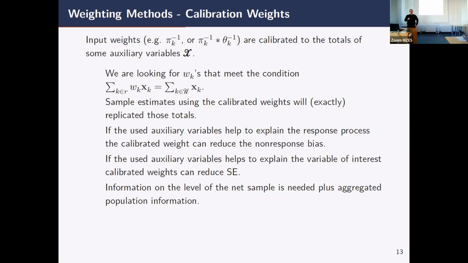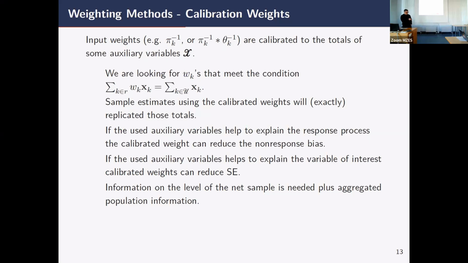If these auxiliary variables are related to what you would like to measure, then they can actually help to reduce the standard error. So this is just to show that, what some people might say, there is a trade-off between using weights and variance. So you're using weights to reduce bias, but it will increase your variance. So maybe that is a net zero game with respect to the mean square error, but it does not need to be the case. So calibration weights can actually also reduce your standard errors.